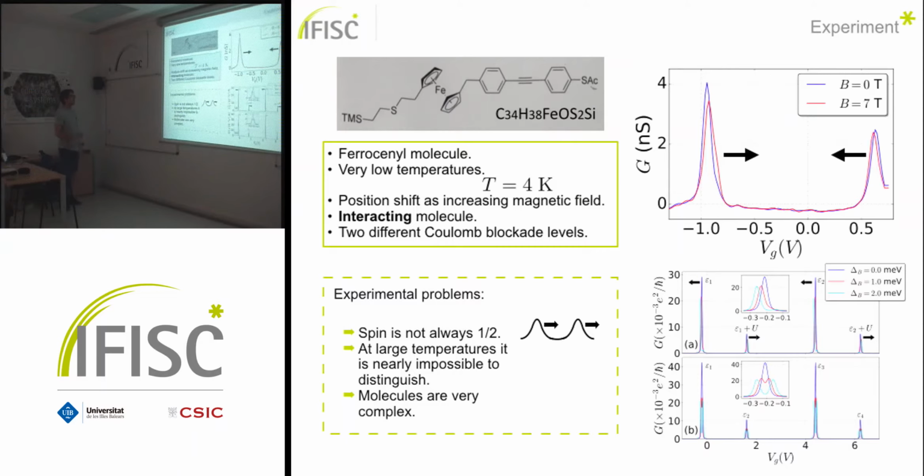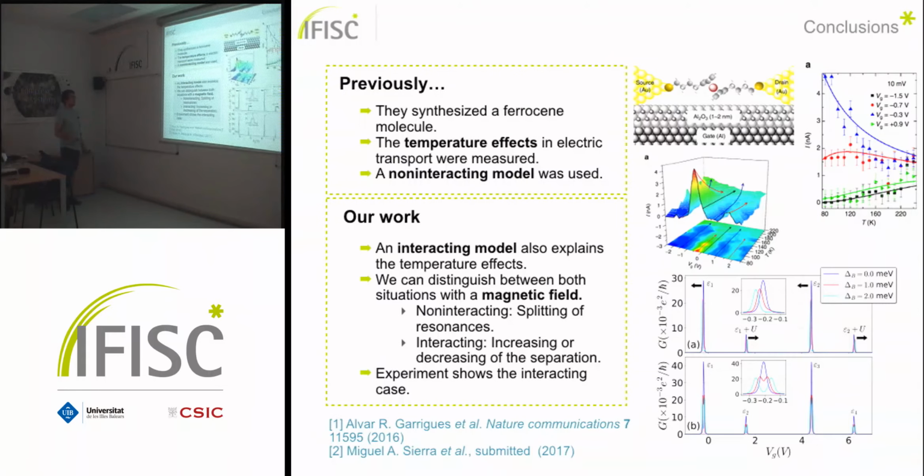We never know. So at the end, as we have seen previously, they have done an experiment with a molecule, and they have found some temperature effects that can be explained with a non-interacting model.